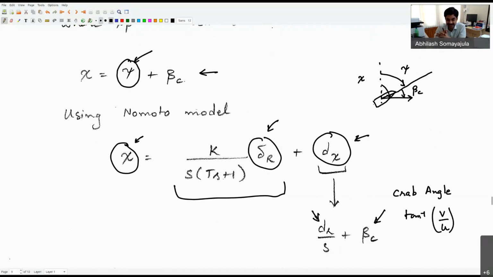So the second aspect is I want my cross-track error to be 0. And here is where we will use successive loop closure. So we'll first close the loop between the course angle and delta, and then we'll close the second loop between the desired course angle and the cross-track error YPE. So let's see what's happening.